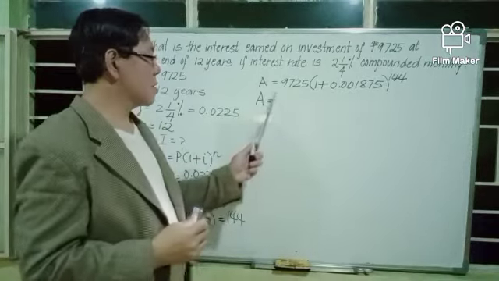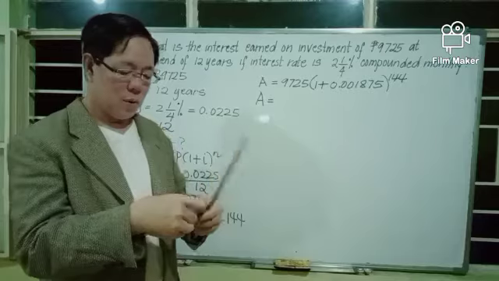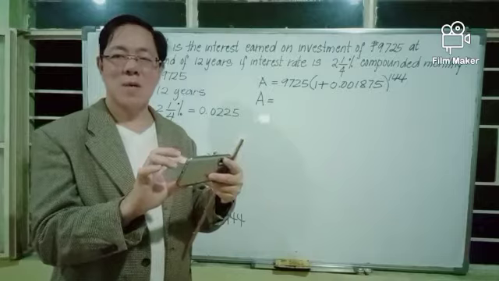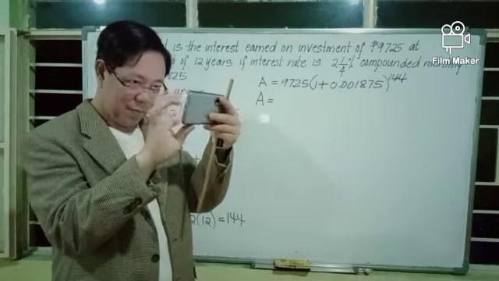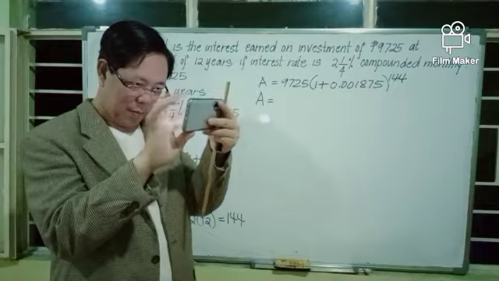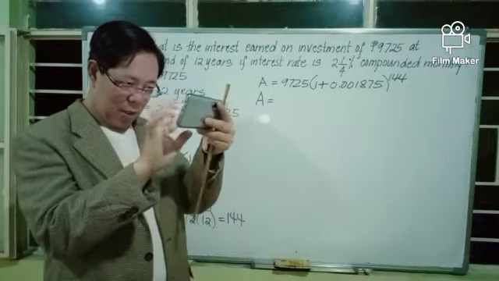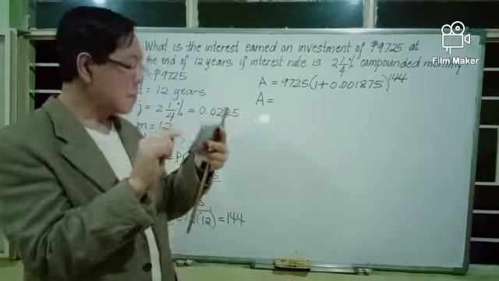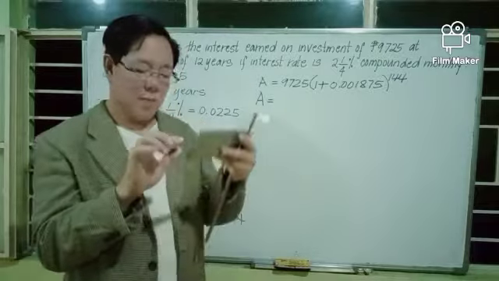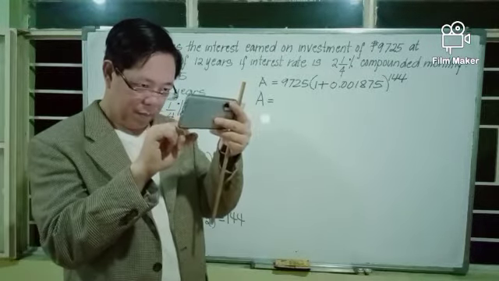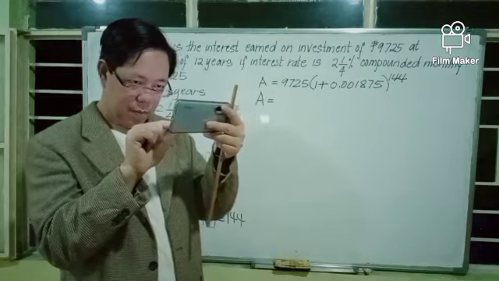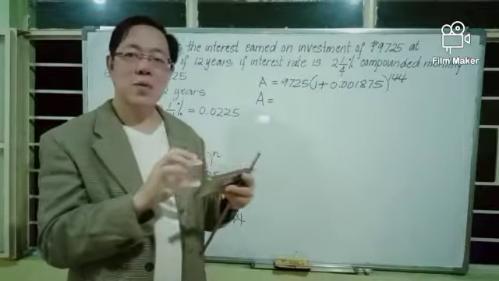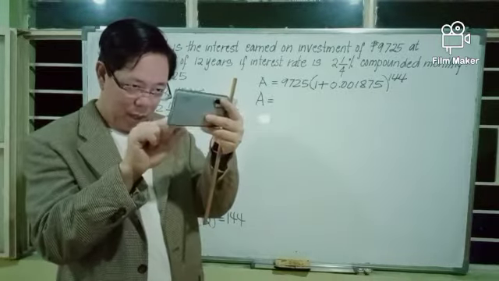Now compute this quantity in your calculator. We have 9,725 multiply, you write open parenthesis 1 plus 0.001875 close parenthesis and raise to the power 144.